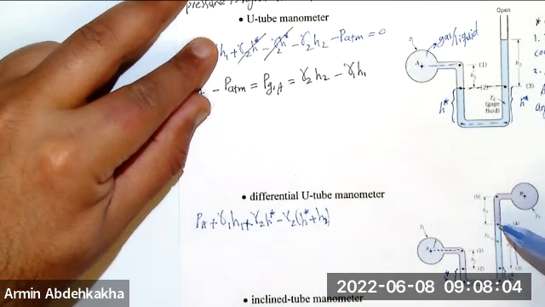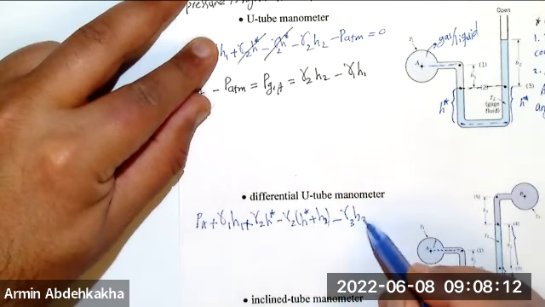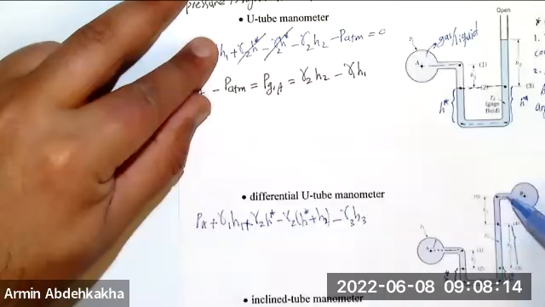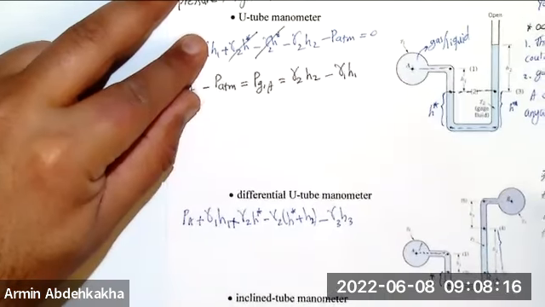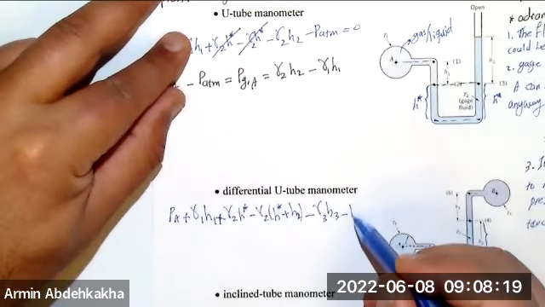You are here, then the fluid changes. You have to stop here and change the gamma. Negative gamma 3, H3. You are here, over the line, reach PB, then minus PB equal to 0.